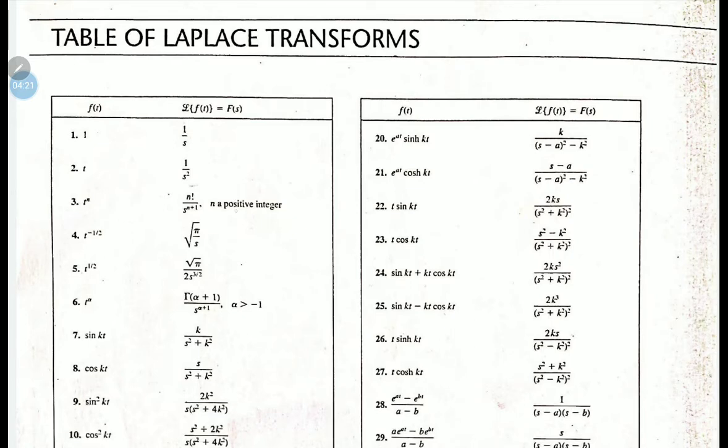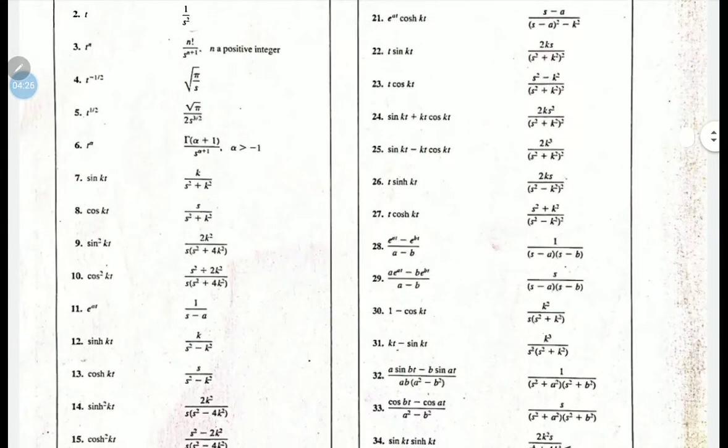We're now reading it right to left to get out of Laplace world. So there's our exponential one there that we talked about. So we have 1 over s minus a. If we want to take the inverse of this, we will get e to the at back. So you can see how that table is working.